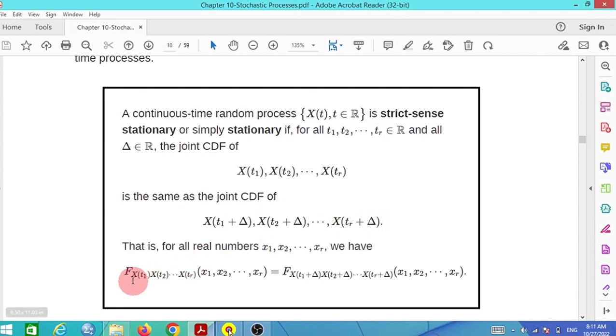It means the cumulative distribution function, CDF, of multiple random variables is equal to the CDF of this.